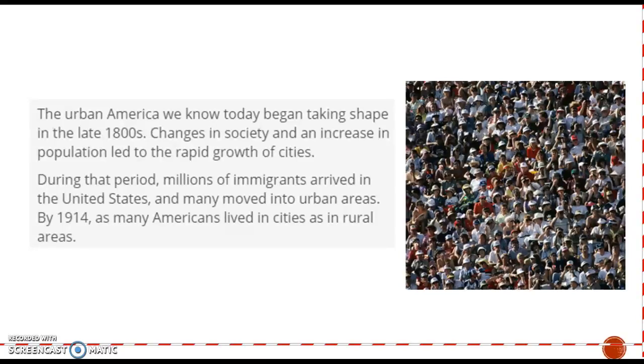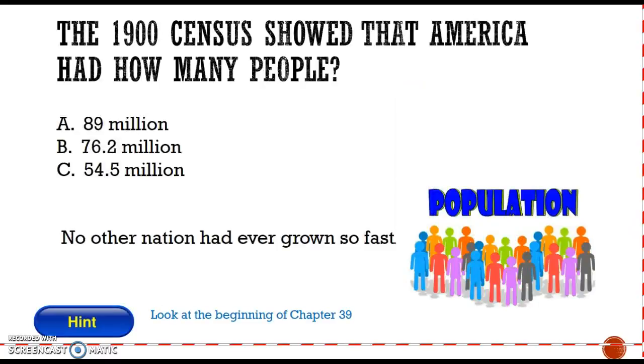Urban means city. By 1914, as many Americans lived in cities as in rural areas. So by the beginning of the 1900s, we have the same number of people living in cities as we have living in farm areas.